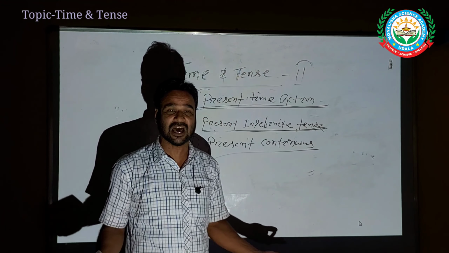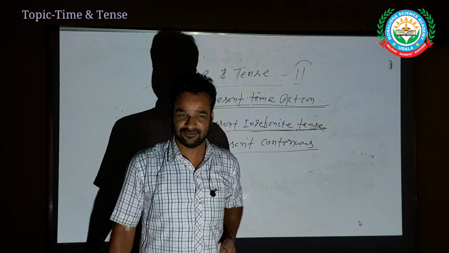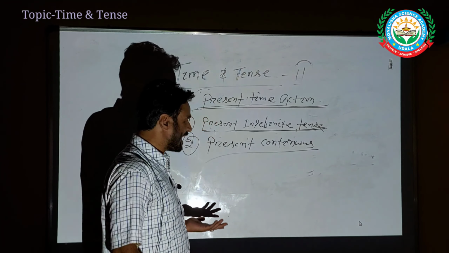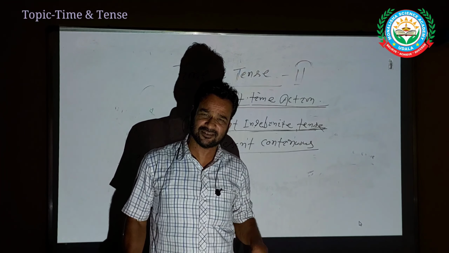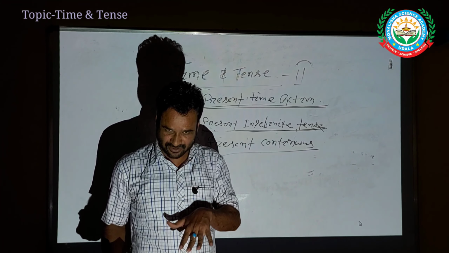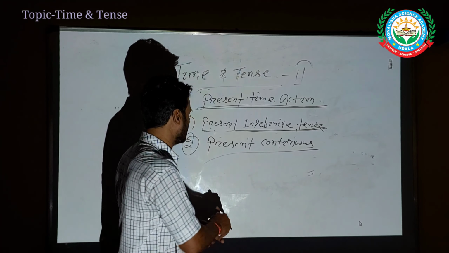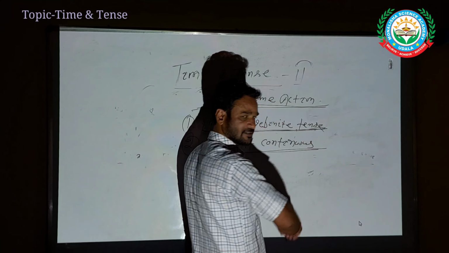Suppose right now I am teaching you. I am taking a class here. This is the action done by me at present, so this is called a continuing action. This action is taking place right now. So this is the present continuous tense.